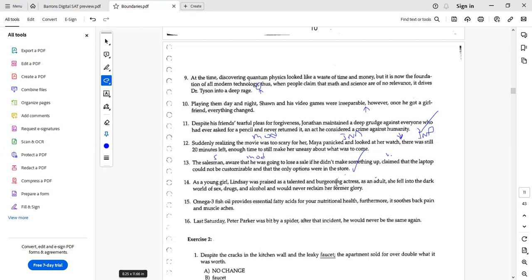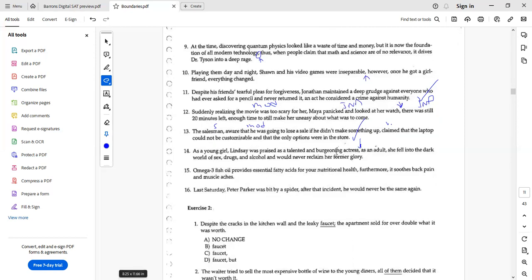14. Dunya. Is there a problem before "as"? Excellent. Here. Because this is a prepositional phrase, then independent, then prepositional phrase, independent. So here. Number 15.